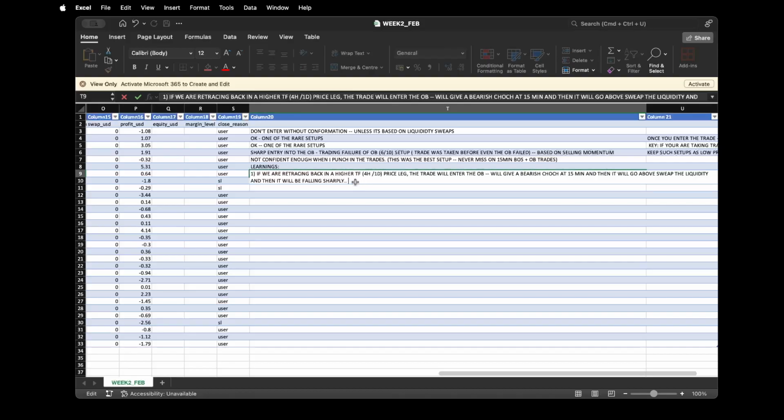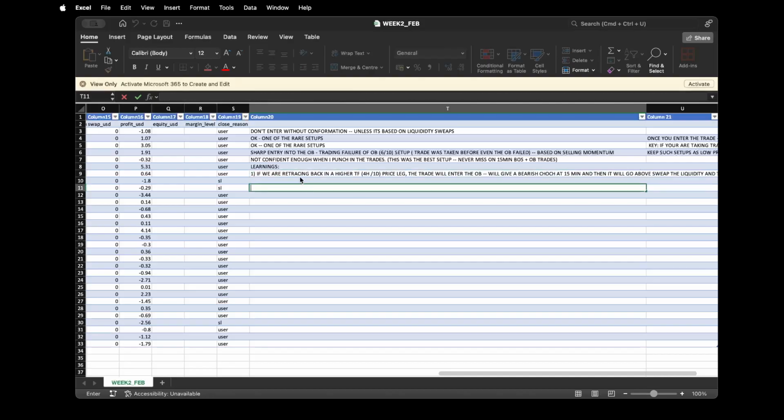So enter here with a little higher risk.